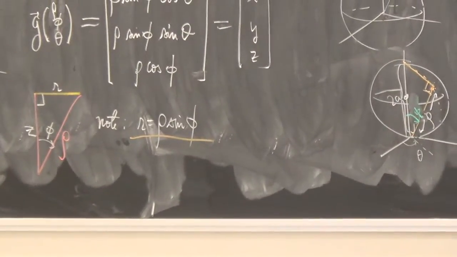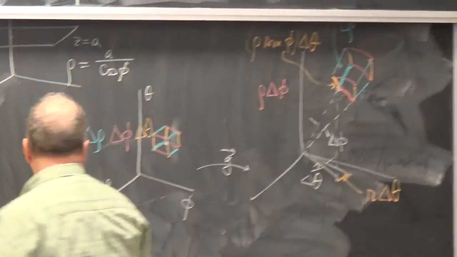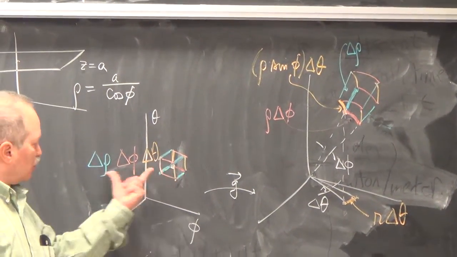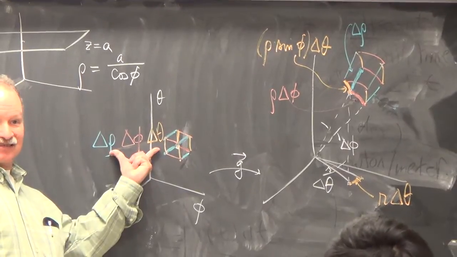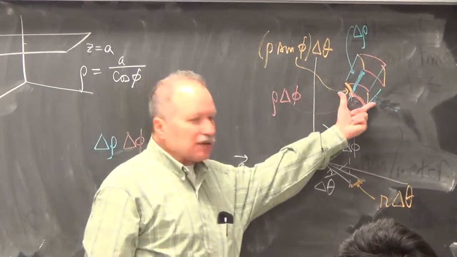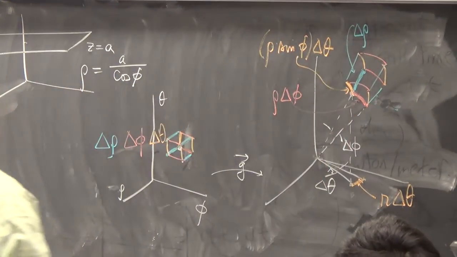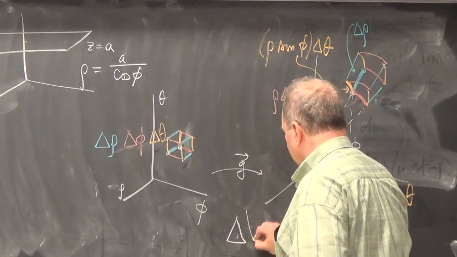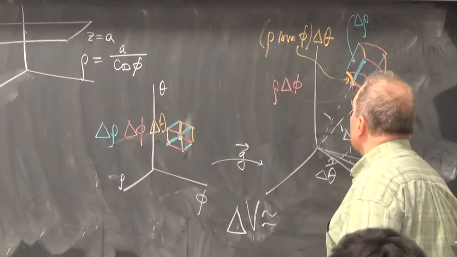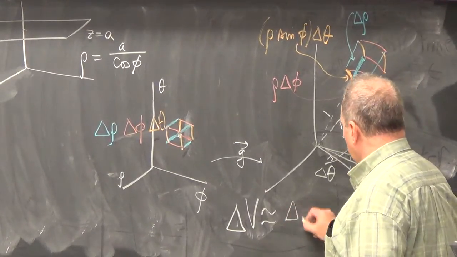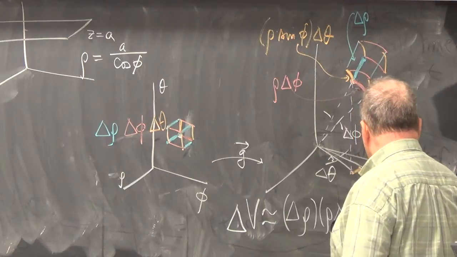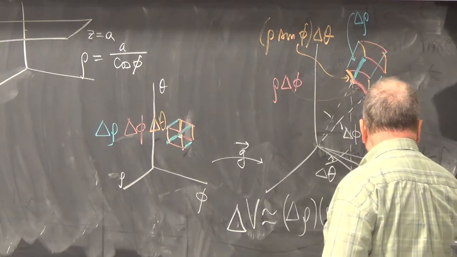So you've got rho sine phi times delta theta. So G takes this little box and builds you a curvy box whose volume is approximately delta rho times rho delta phi times rho sine phi delta theta.